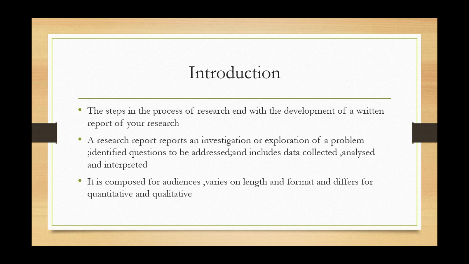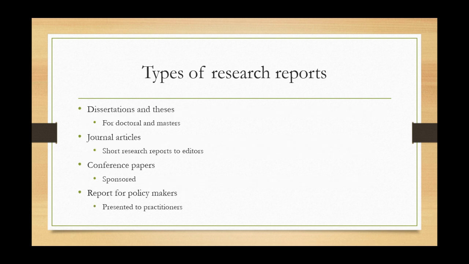So if that is the case, then let's talk about the types of reports that we can write as we are doing research. One type of report that we can develop, we call it dissertation and theses. These are doctoral and master's research reports.